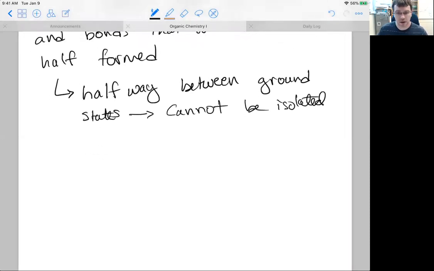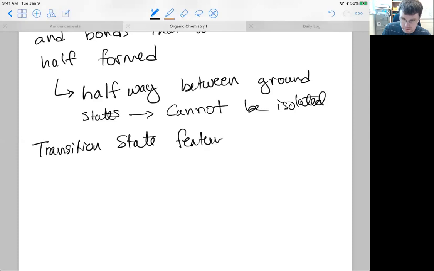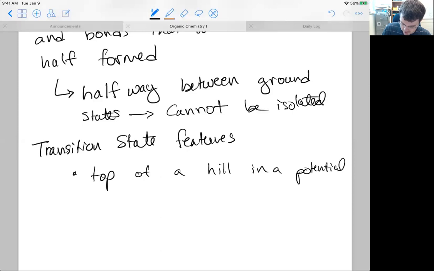So what I want us to be able to do is think in other ways about this. Understanding the transition state is very powerful to understanding how a chemical reaction is occurring. The transition state has some features: it's the top of a hill in a potential energy surface.